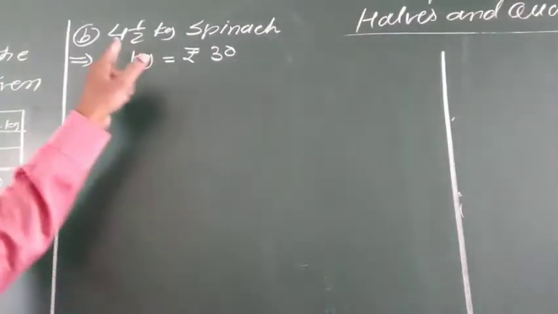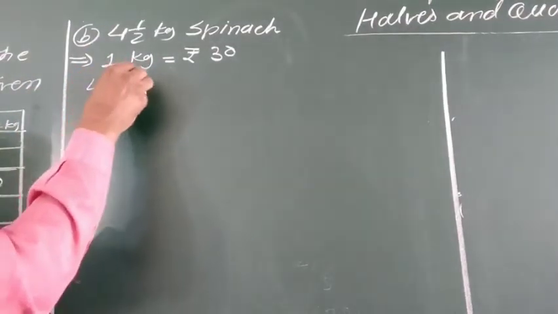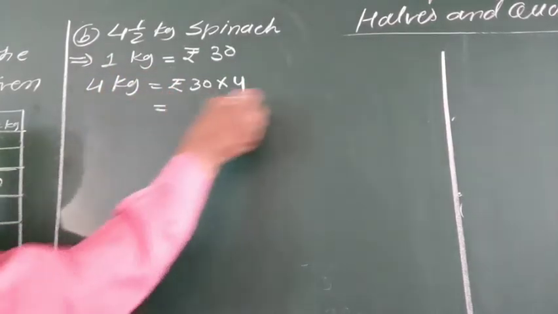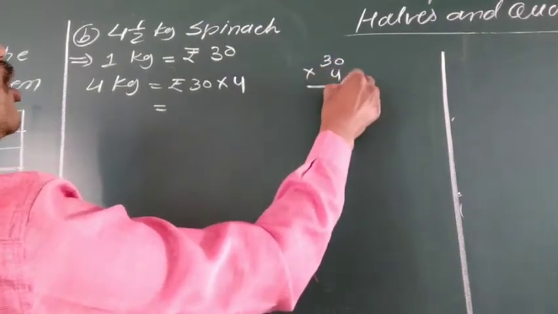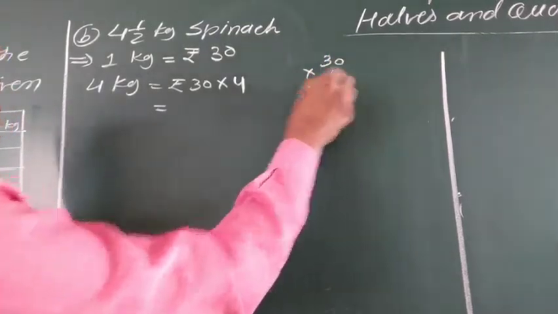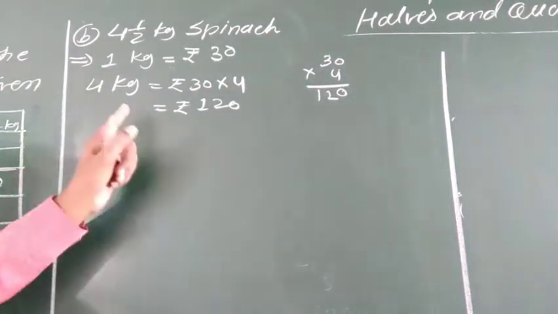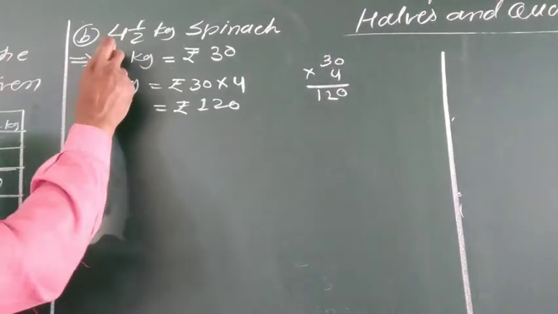Now we have to find the cost for 4.5 kg. Then 4 kg is equal to rupees 30 into 4, which is rupees 120. But it is not our final answer. It is only the cost of 4 kg, and we have to find out about 4.5.